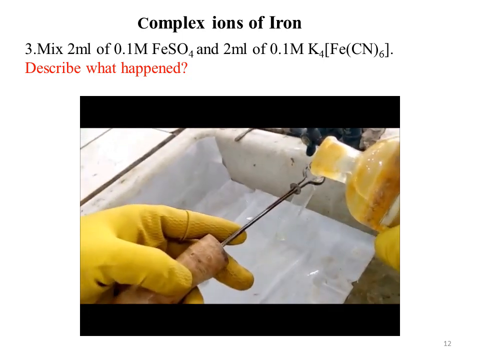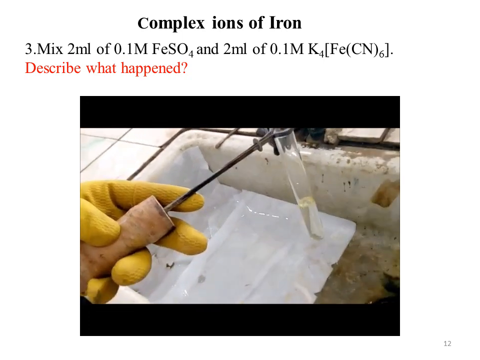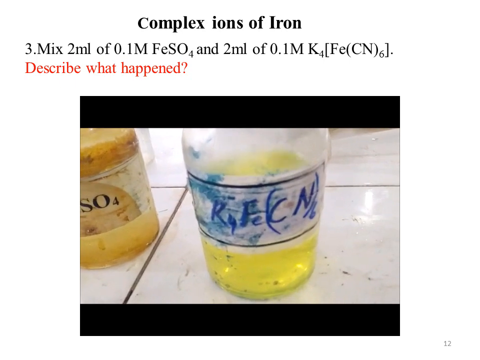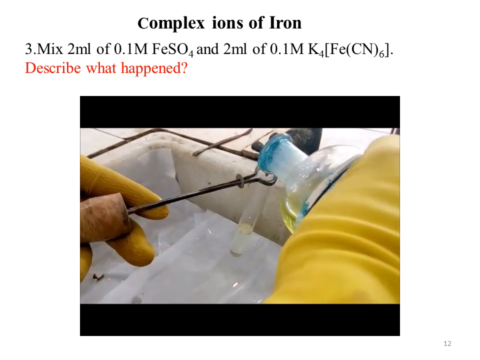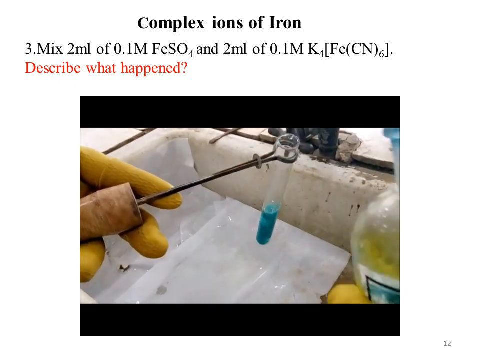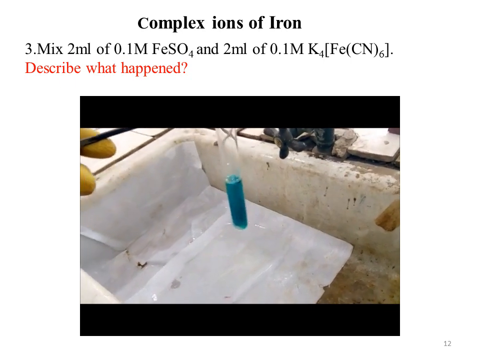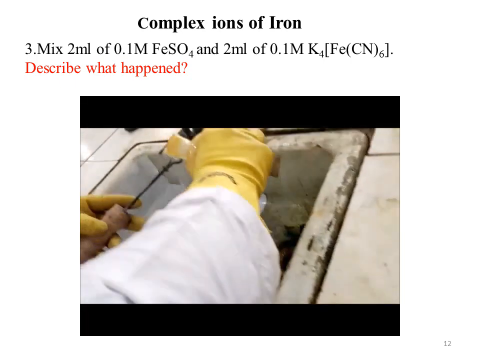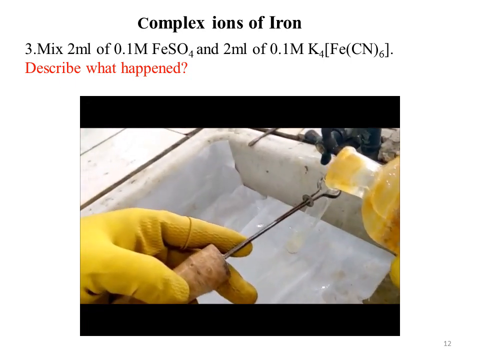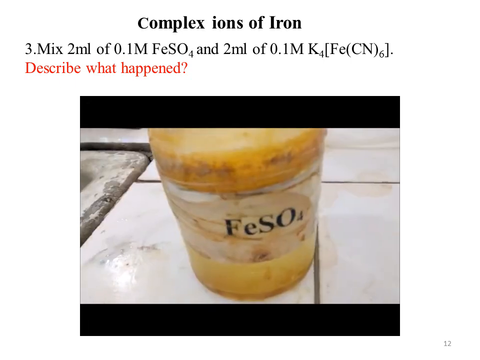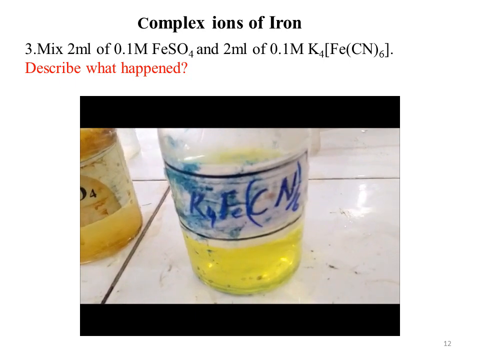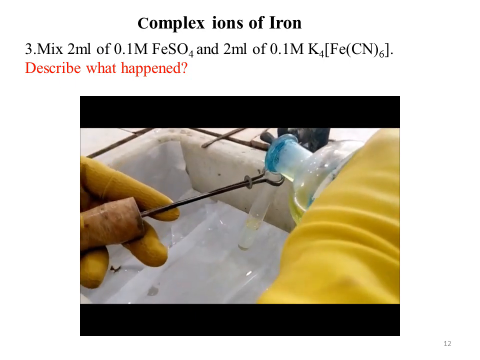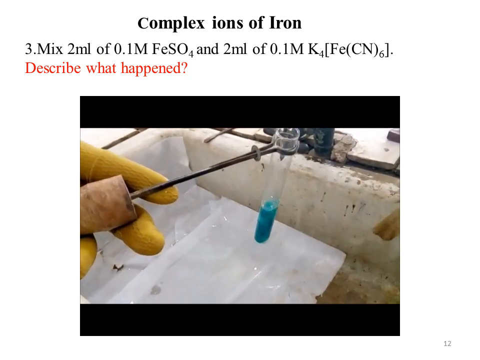Okay, this is step number 3 of complex ions of iron, where ferrous sulfate will be mixed with 0.1 molar potassium ferrocyanide. In the test tube, ferrous sulfate has already been taken and it is mixed with potassium ferrocyanide. As it is mixed, there is immediate appearance of the product.